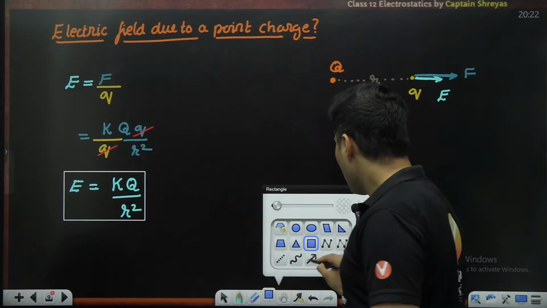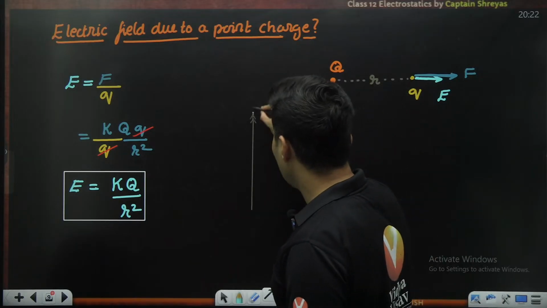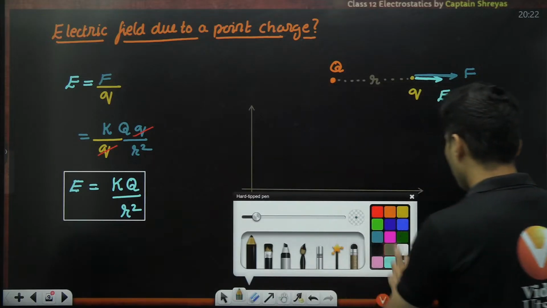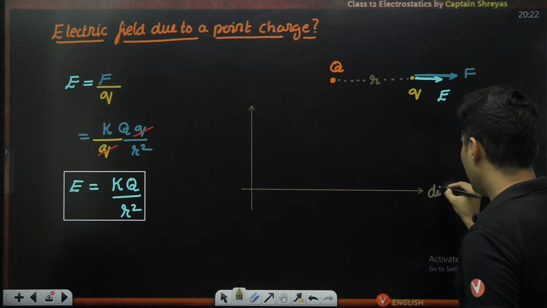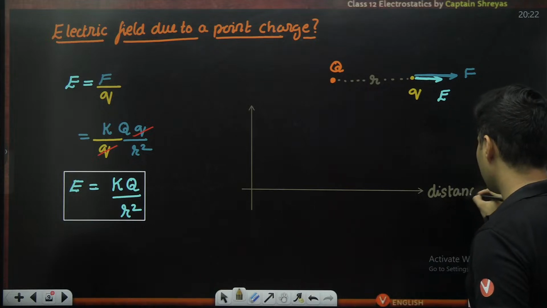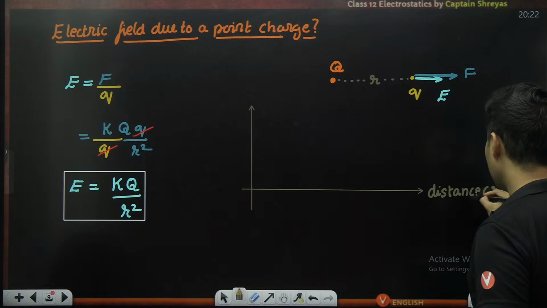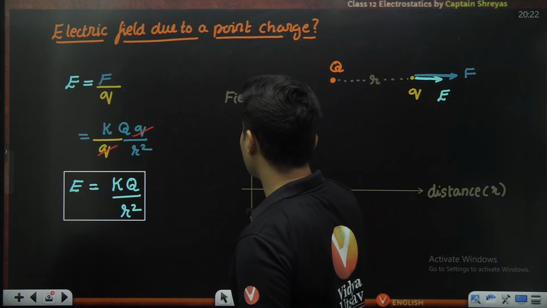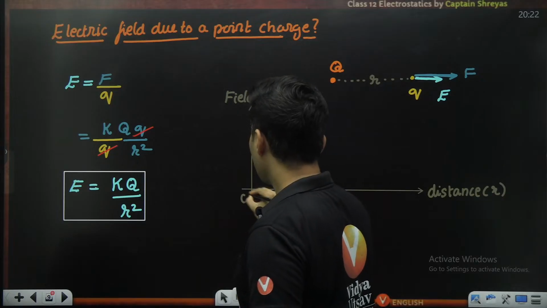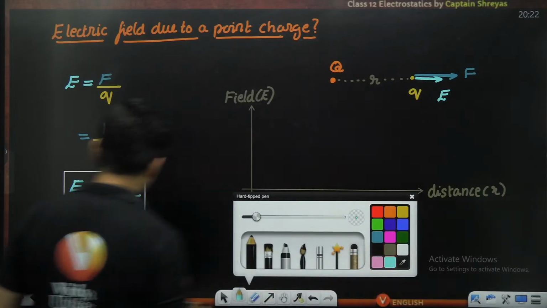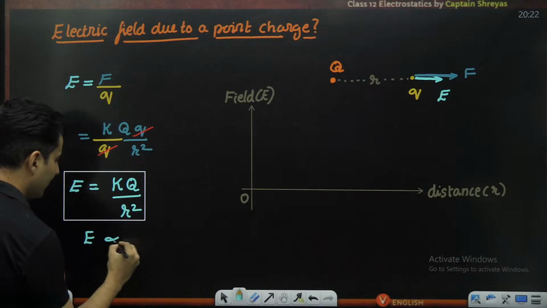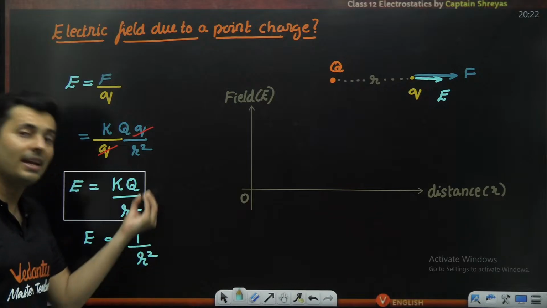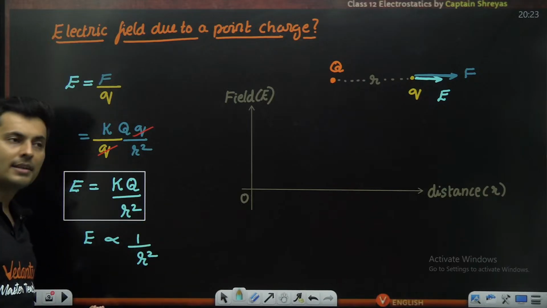You can also see how the field varies with the distance. So on the horizontal axis, let's say that is the distance r, and here on the y-axis we have the field strength, which is basically E, because you can see over here that the electric field is inversely related to r square, meaning when r increases, electric field decreases.